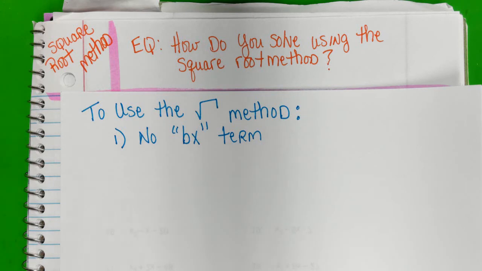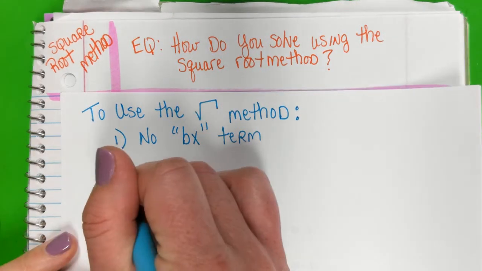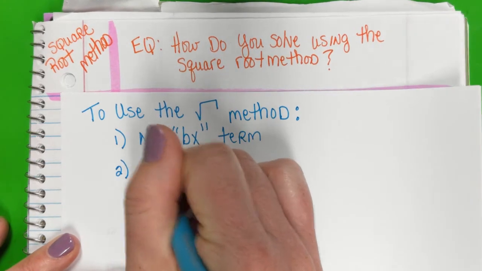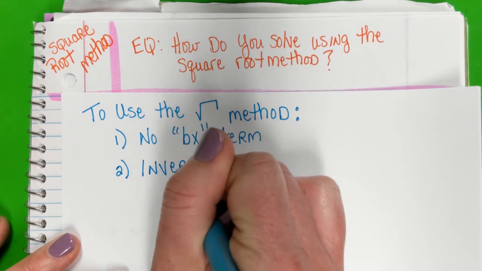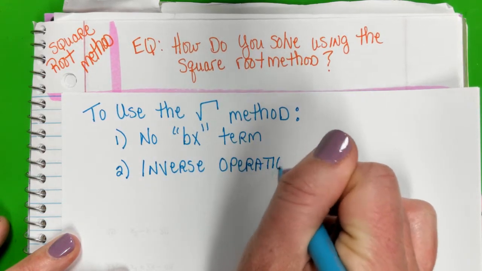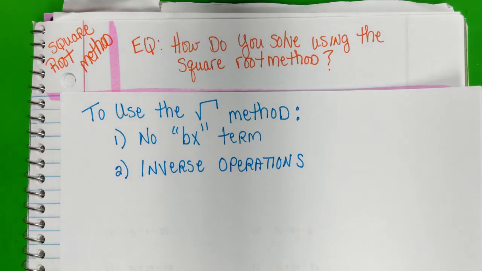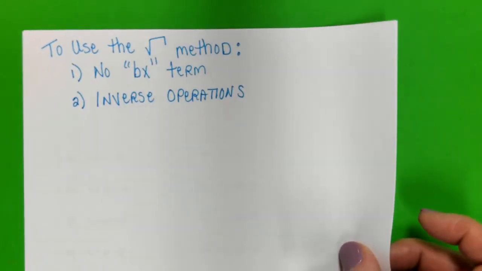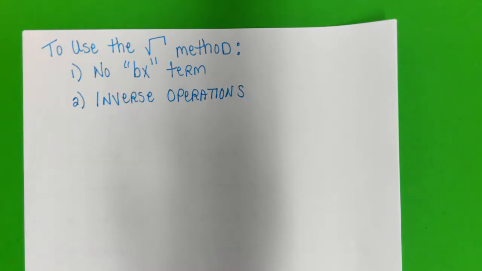If I do, then I cannot use the square root method. So what you're going to see in all these equations is that bx is missing. And then all we have to do to use the square root method is use inverse operations.